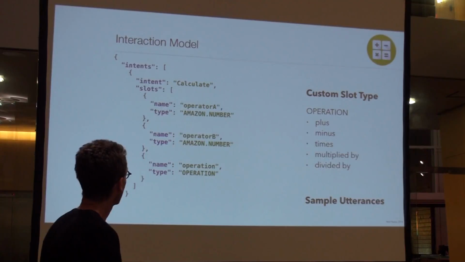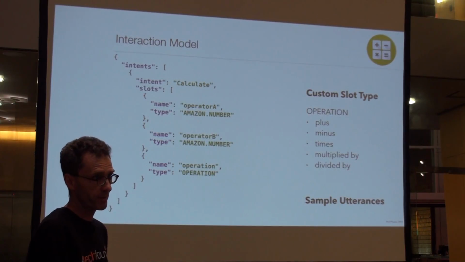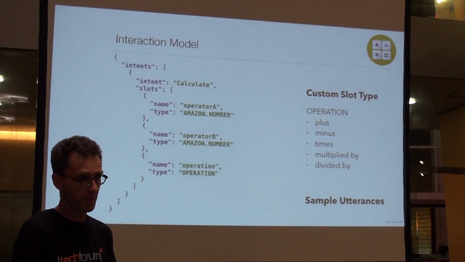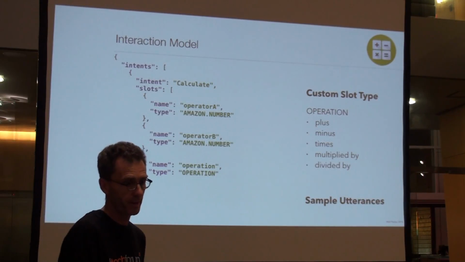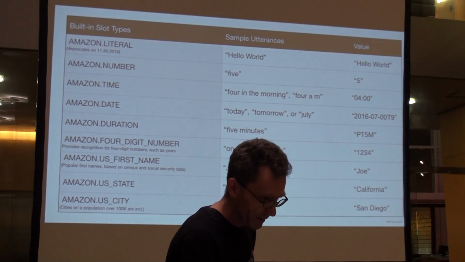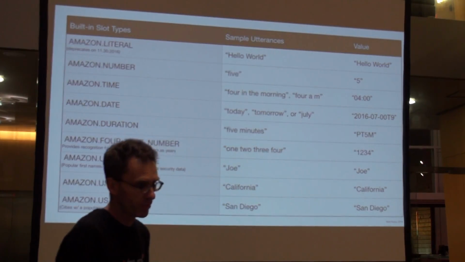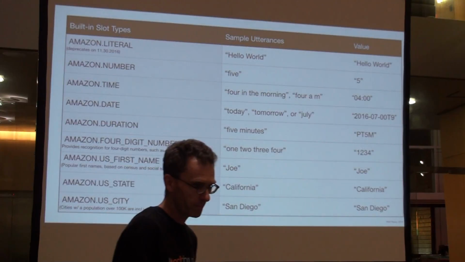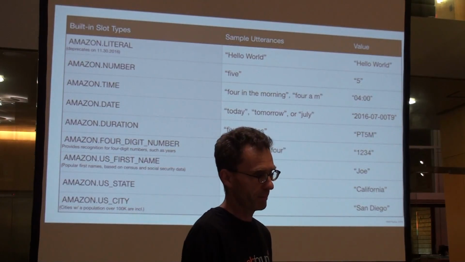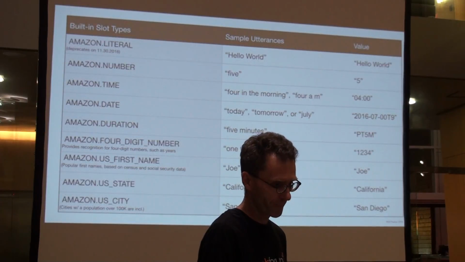So make sense? We have our action model, again, with three things: the JSON document for the intent, our custom dictionaries if we have some, and the sample utterances. There are a couple of built-in slot types. So there's, for instance, Amazon number, and Amazon is just the namespace for it.